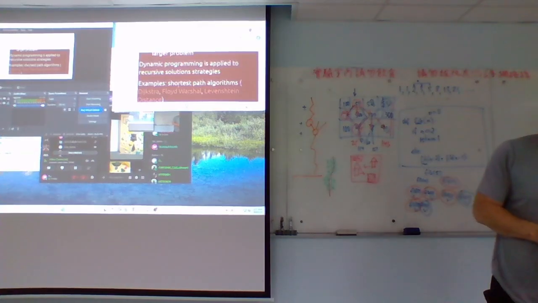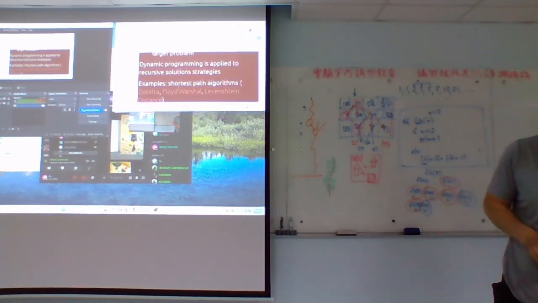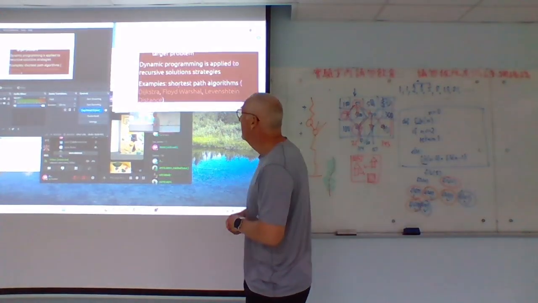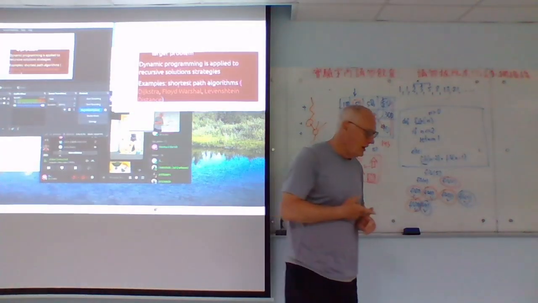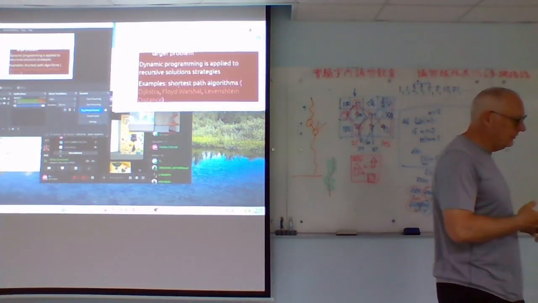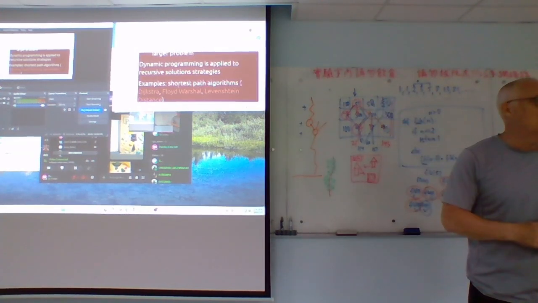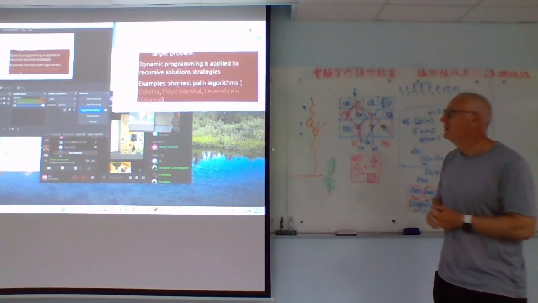Other algorithms, by the way, that are based on dynamic programming are Dijkstra's search algorithm for finding a path through an environment, and Floyd-Warshall, which I like quite a bit.